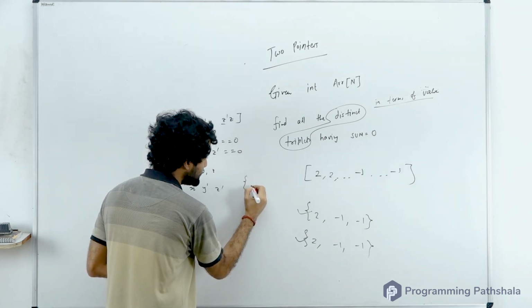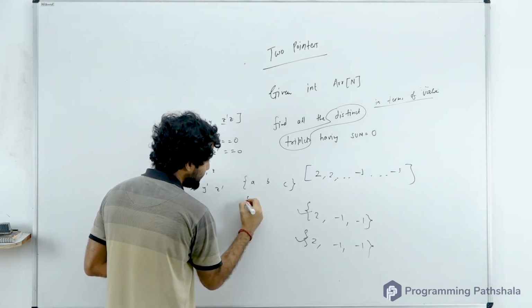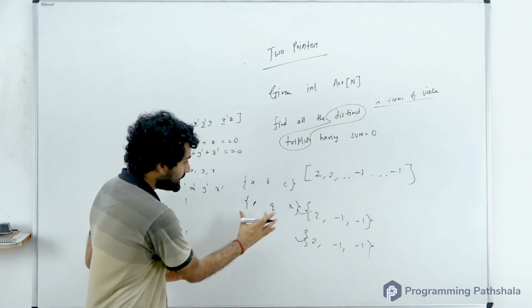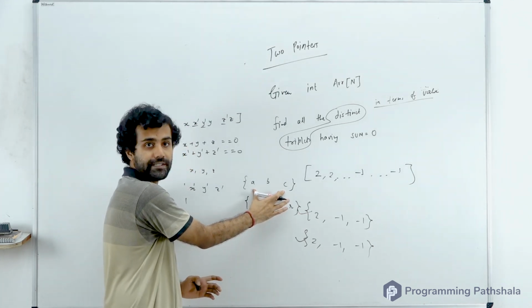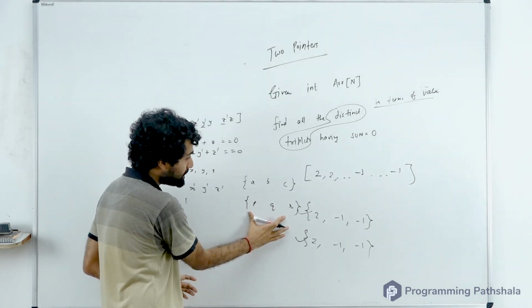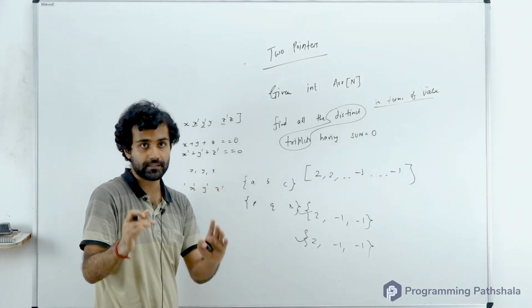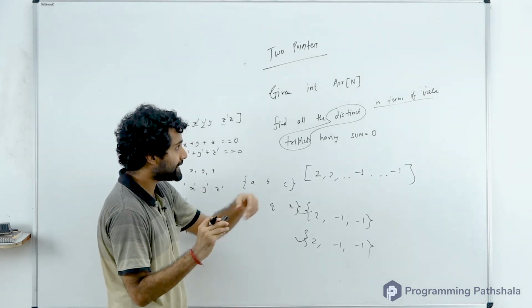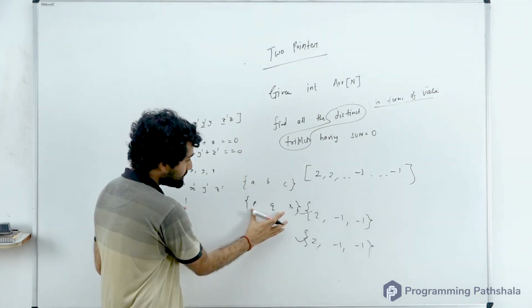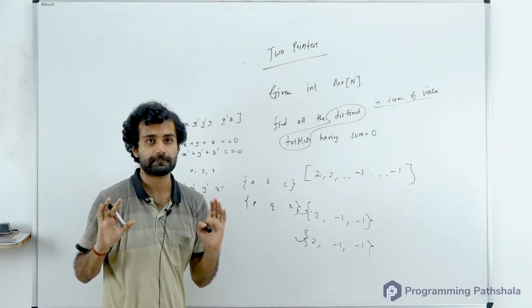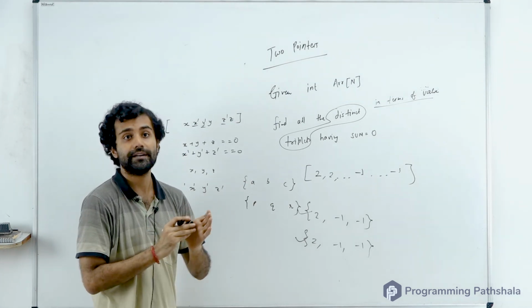Distinct triplet means that let's say you have ABC and then you have PQR. Then this must not be a permutation of this, and this must not be alike this. That is the meaning of distinct triplet. This must not be a permutation of this, and this must not be alike this.